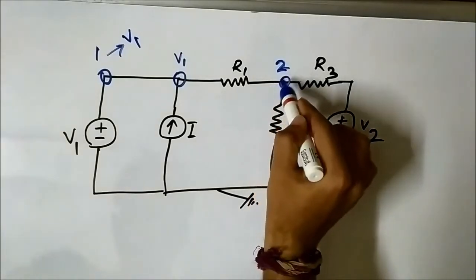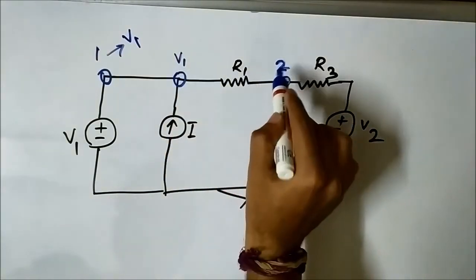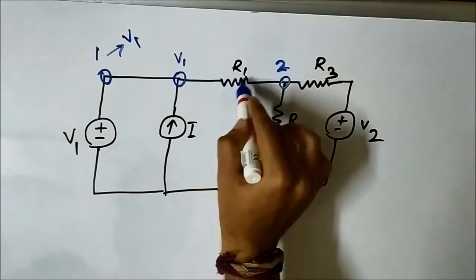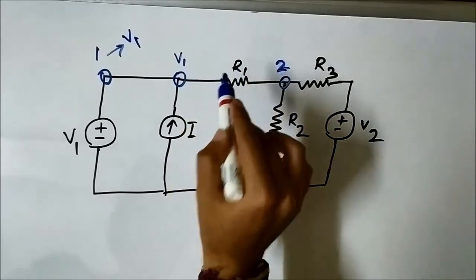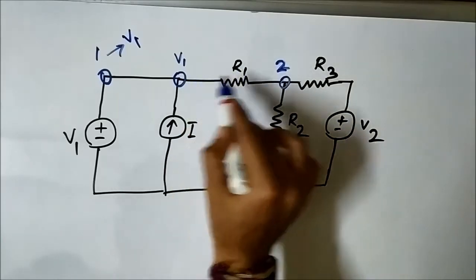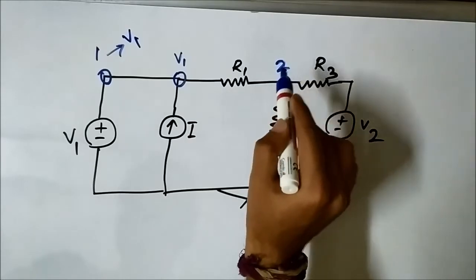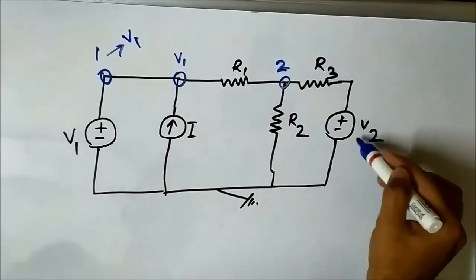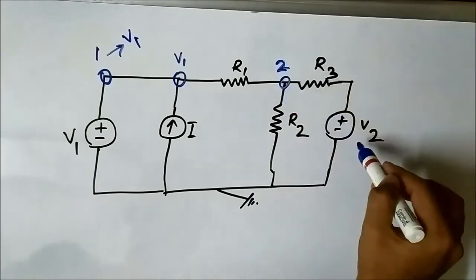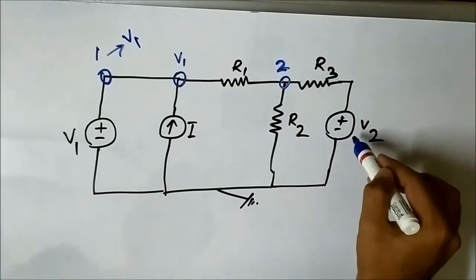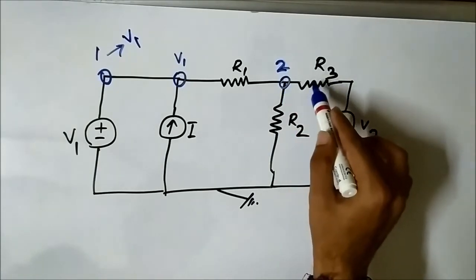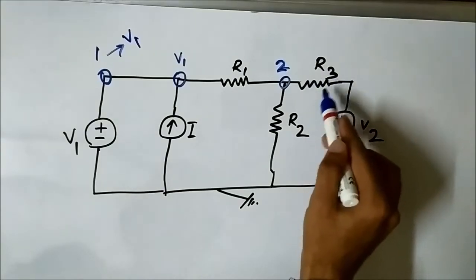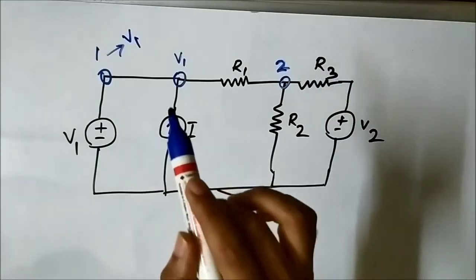So the voltage at this point 2 cannot be V1, because of this resistor R1, there will obviously be a voltage drop across R1. In between this point 2 and the independent voltage source V2, there is resistor R3 present, so there will be a voltage drop in this direction also.